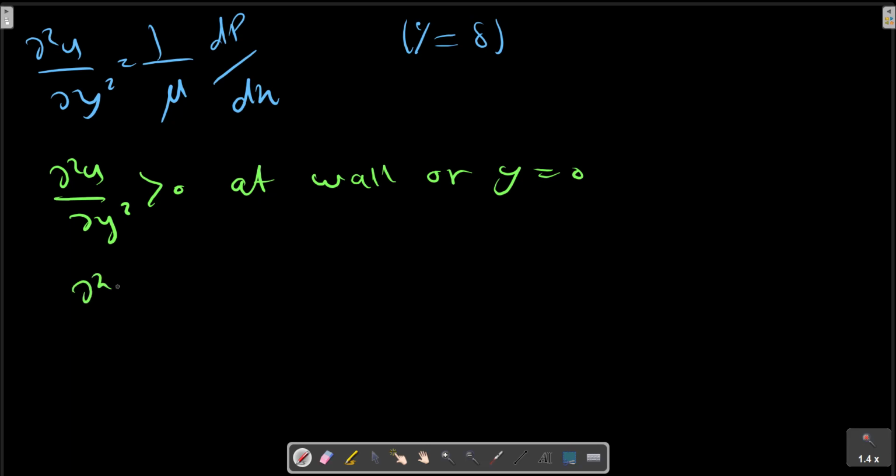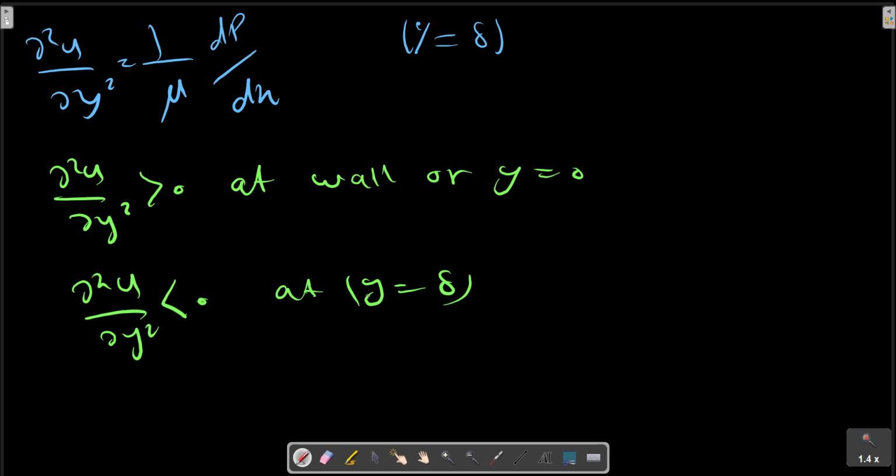So, smooth at y equals delta, at the outer layer of the boundary layer.